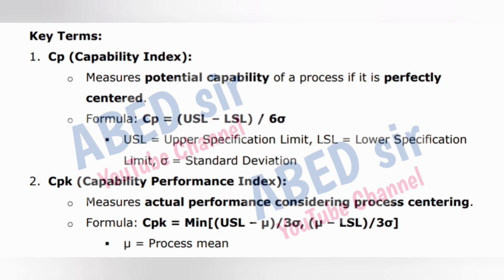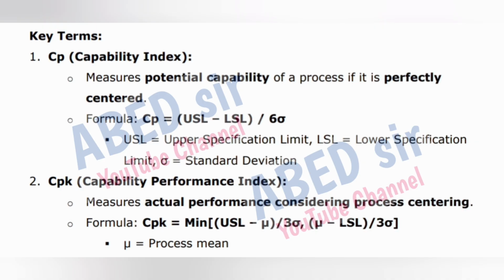Cp, capability index. It measures the potential capability of a process if it is perfectly centered. Formula: Cp is equal to (USL minus LSL) divided by 6 sigma. USL is the upper specification limit, LSL is the lower specification limit, and sigma is the standard deviation.